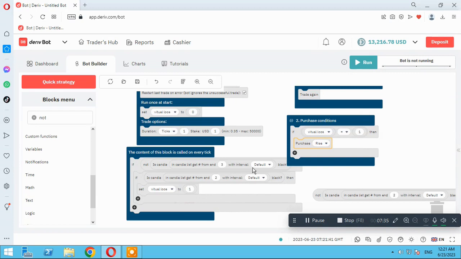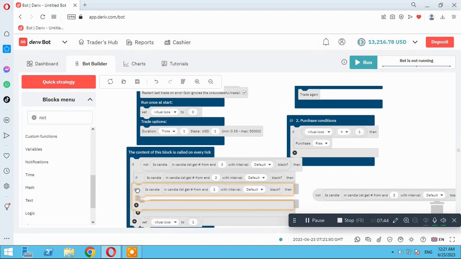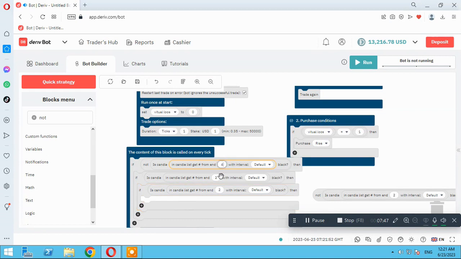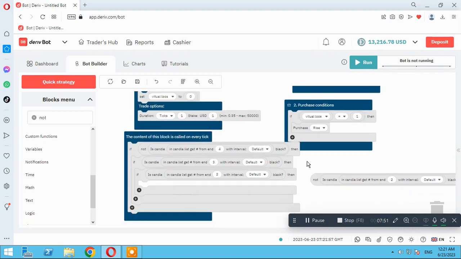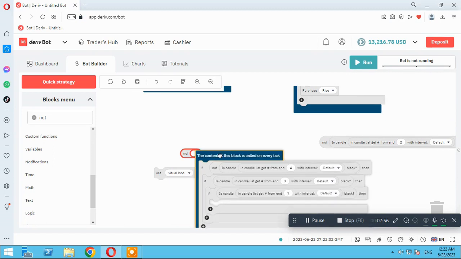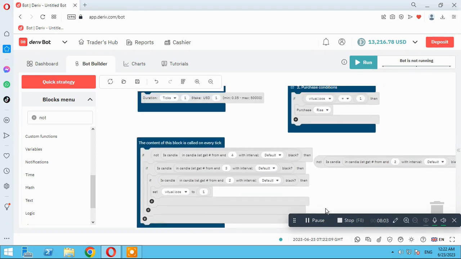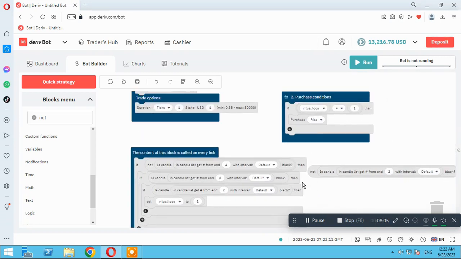For example, candle number 4, let me show you. You can use candle number 4, candle number 3, and candle number 2. Set virtual loss to 1 and this purchase. It depends on your strategy, as I said to you.